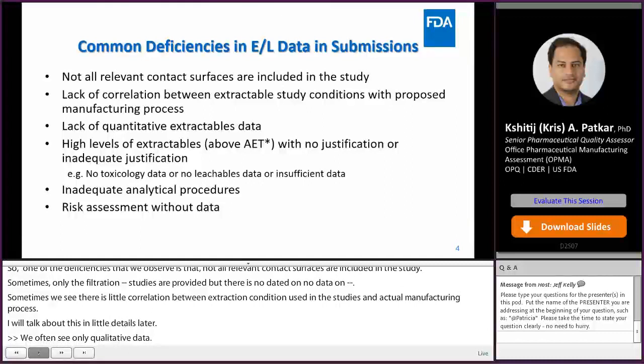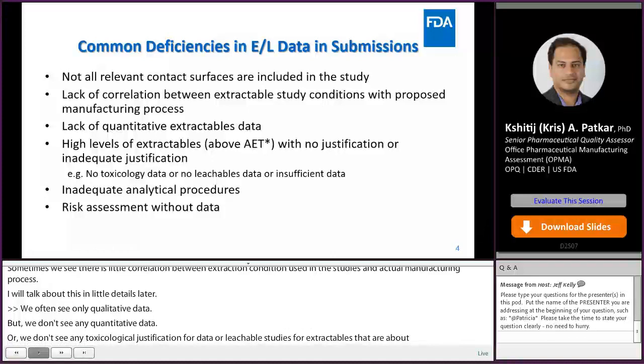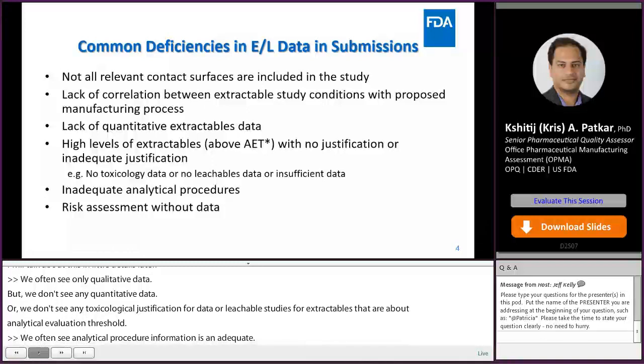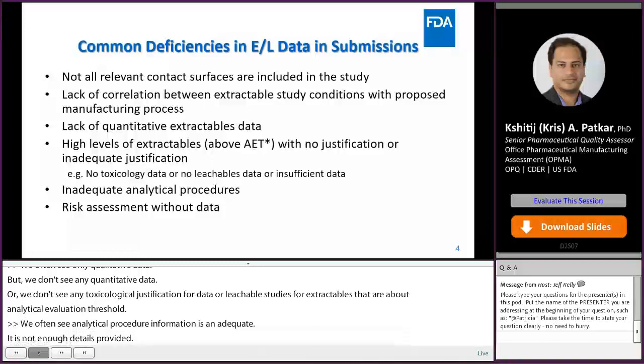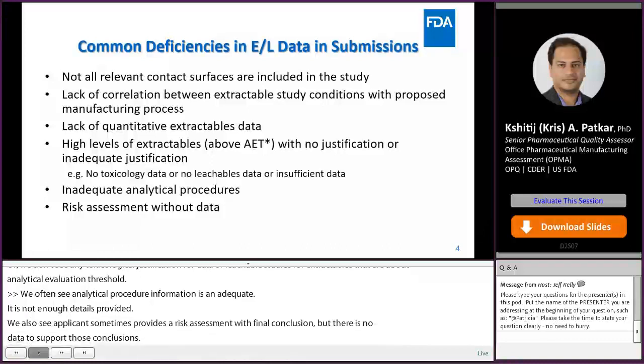We often see only qualitative data, but we don't see any quantitative data. Or we don't see any toxicological justification or leachable studies for extractables that are above the analytical evaluation threshold. We often see analytical procedure information is inadequate. There are not enough details provided. And we also see that the applicant sometimes provides a risk assessment with a final conclusion, but there is no data to support those conclusions.